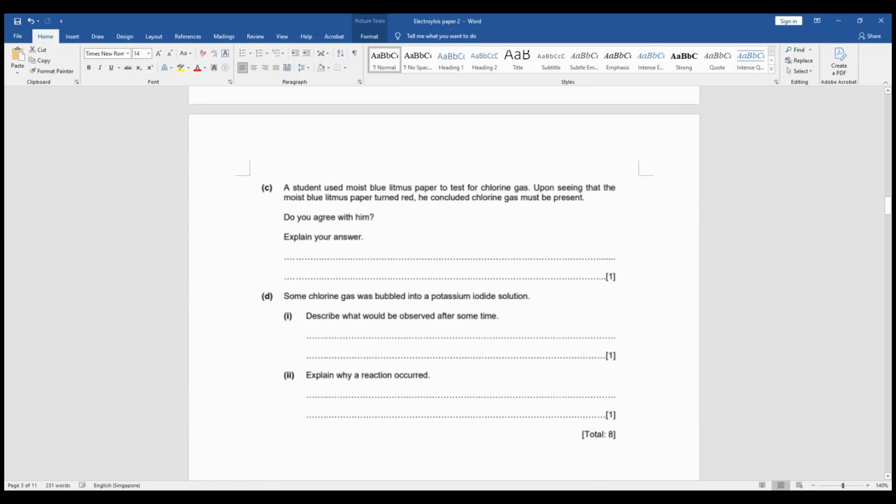Next, a student uses moist litmus paper to test for chlorine gas. Upon seeing that the moist blue litmus paper turned red, he concluded chlorine gas must be present. Do you agree with him? Not necessarily. It just shows that it's acidic, because there are a lot of acidic gases. The chlorine test is that it has to bleach the paper. No, I don't agree.